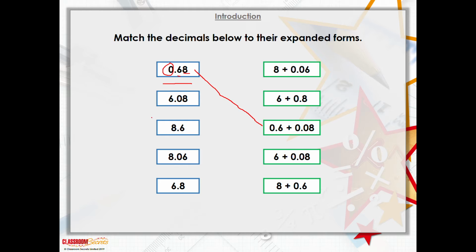add 0.08. The next one, I want to have 6 whole numbers, no tenths, and 0.08. And straight away I can see that this has got 6 whole numbers and 0.08. 8.6, I'm looking for 8 whole numbers and 0.6 is my decimal.